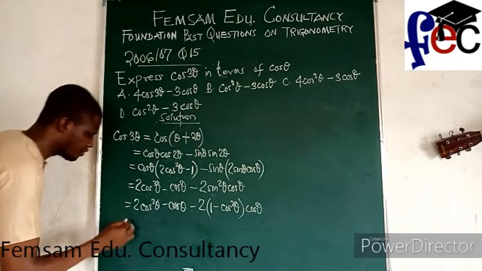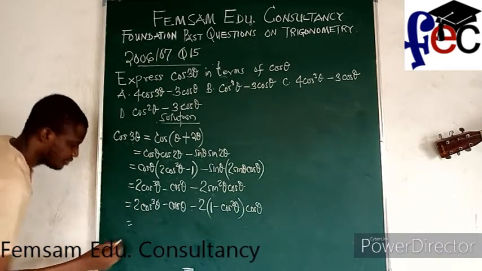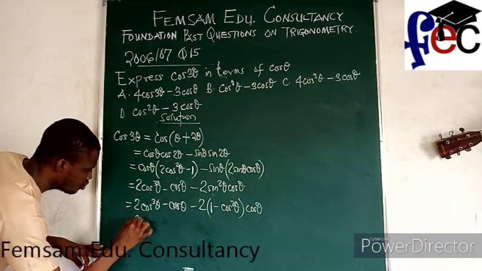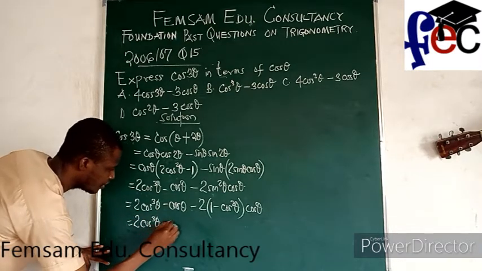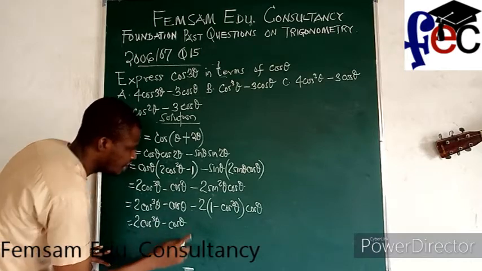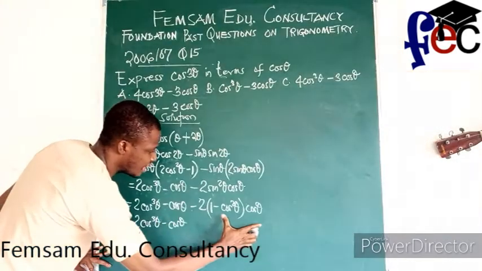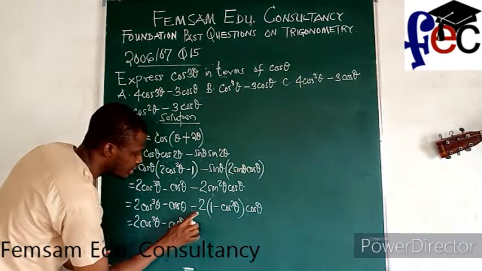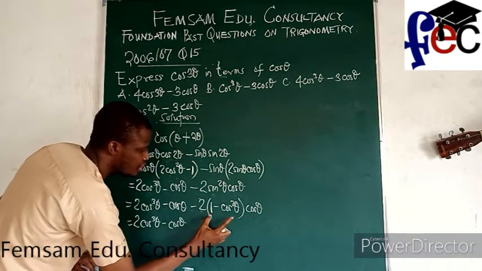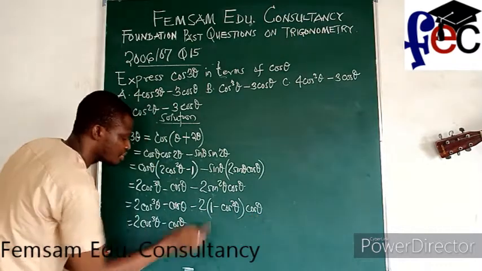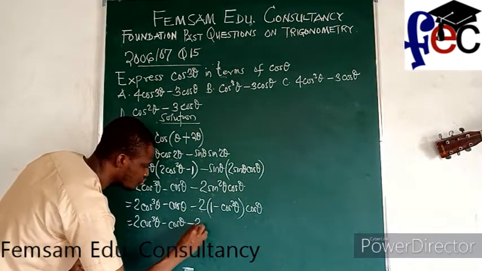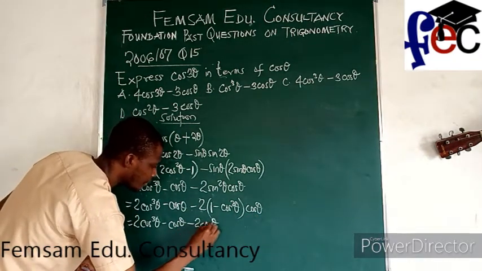So the result of this will give me 2 cos cube theta minus cos theta. If I expand and open up this bracket, these 2 and cos theta will be used to multiply this. So minus 2 cos theta times 1 will give me minus 2 cos theta.